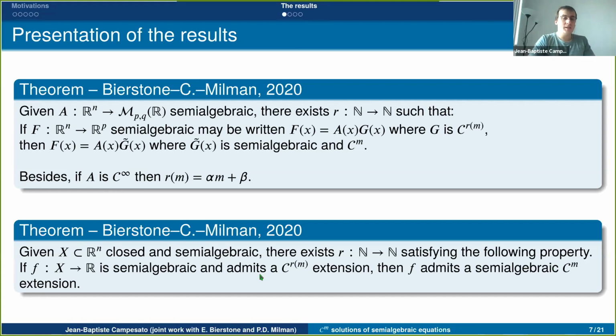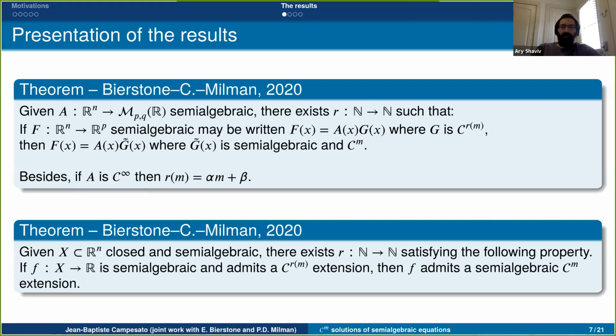So the existence of a C^R(m) extension implies the existence of an extension which is C^m, but also semi-algebraic. So once again, if we want the semi-algebraic extension to be C^m, we need to start with a C^R(m) extension. So I'm going to say a few words about the proofs of these theorems. And the first step is that these two theorems are going to be special cases of a common generalization.